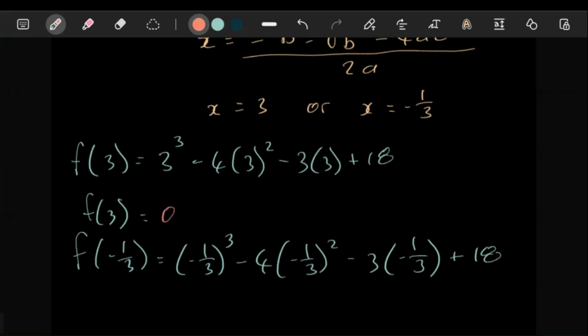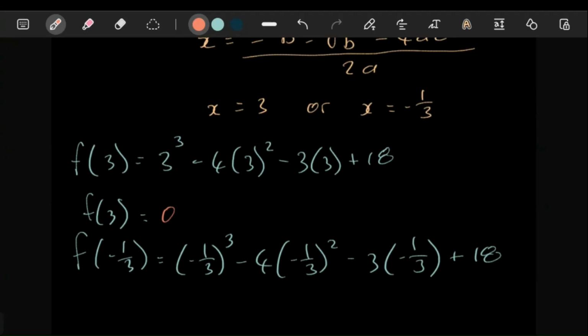And then the other one, let's put a negative a third in there. Yeah, I'm just putting all this in the calculator slowly so that I don't make a silly mistake.